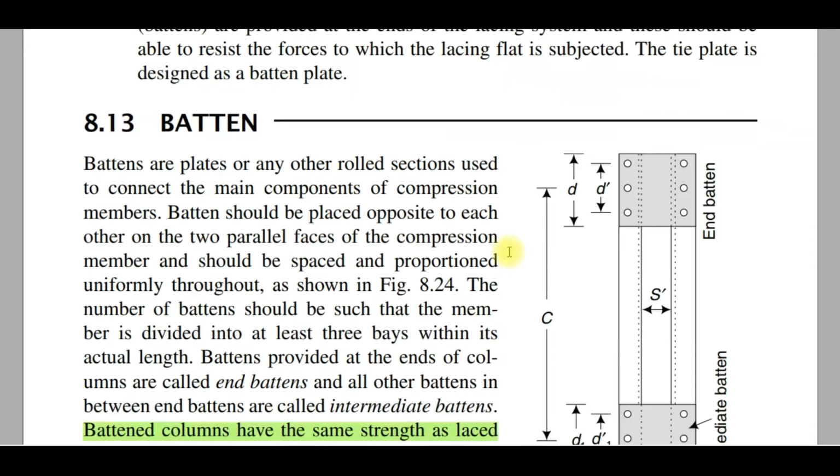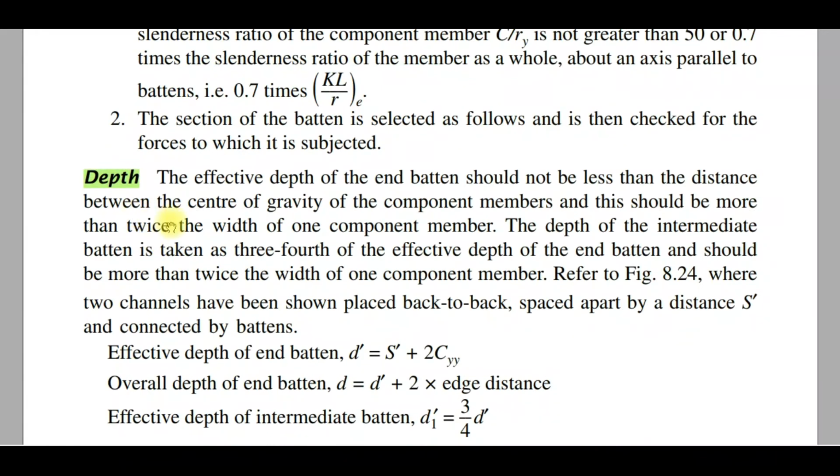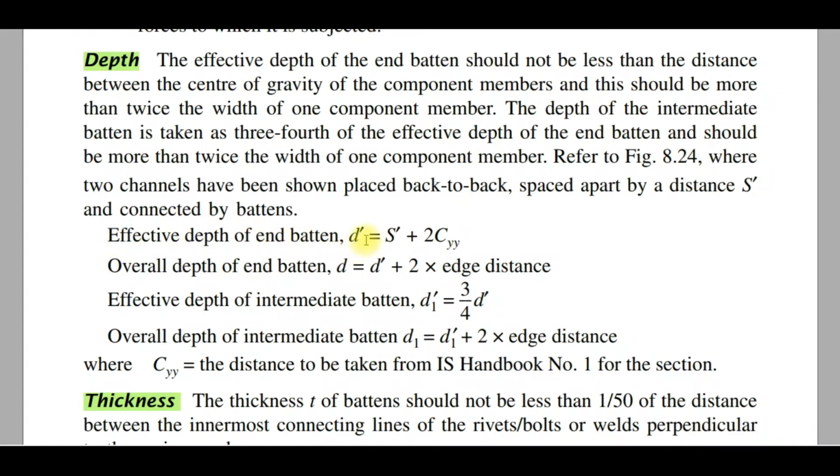So what would be d dash? The depth d dash is equal to s dash plus 2 into Cyy. So s dash is the spacing between the channels or the sections, and on the left Cyy, on the right Cyy. That means s dash plus 2 Cyy.